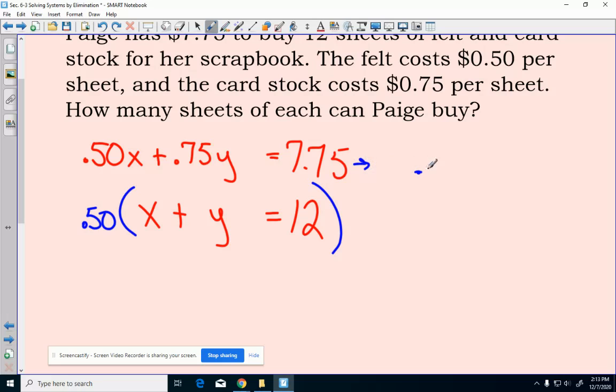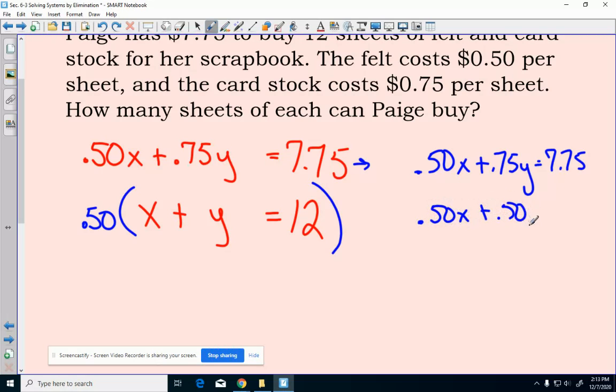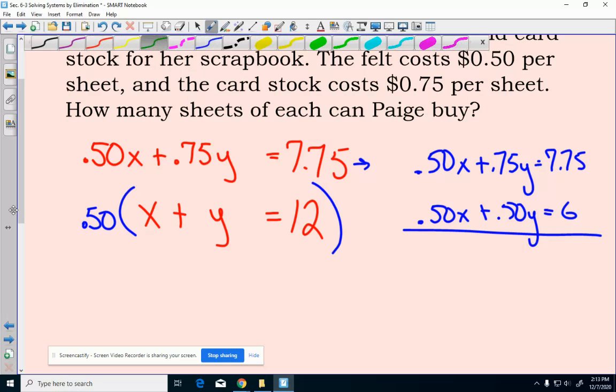Here we see that 50 cents x plus 75 cents y is equal to 7.75. And in the bottom, if we multiplied everything by 50 cents, we would also have 50 cents x, 50 cents y, and now we have 6 sheets instead of 12.